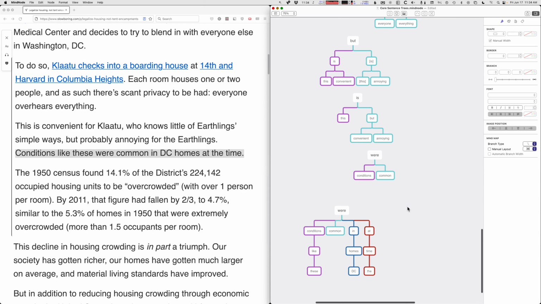So if you're having trouble with sentences, you can try to get to just the verbs and the conjunctions first, and then you can add in the subjects, objects, and complements. Then you can add in the prepositional phrases, and then you can add in the simple modifiers. When you're doing the prepositional phrases, you can start with just the prepositions, then you can add in their nouns, and then after that you can add in the extra modifiers.